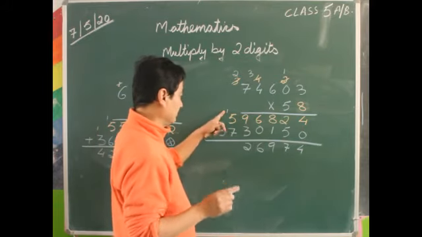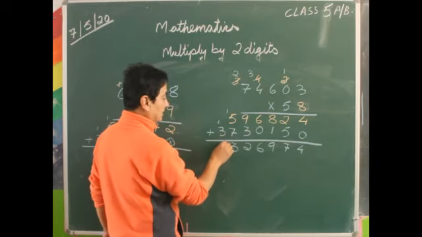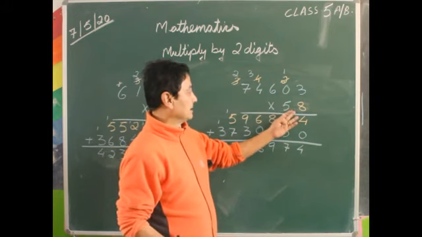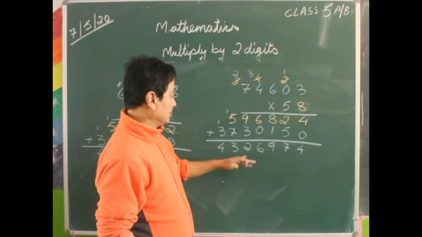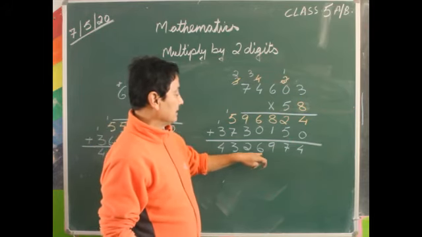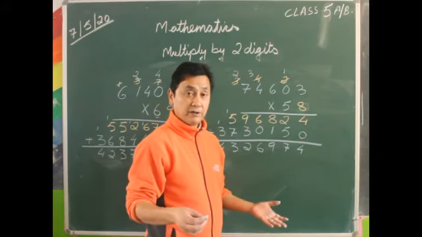Some of you forget. 12 plus 1, 13. 3 plus 1, 4. So when we multiply this top number by this 58, we got the answer 43,26,974.